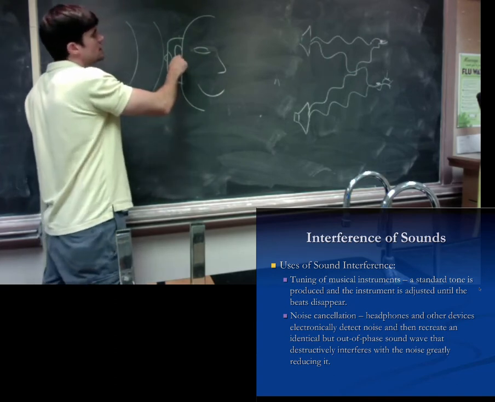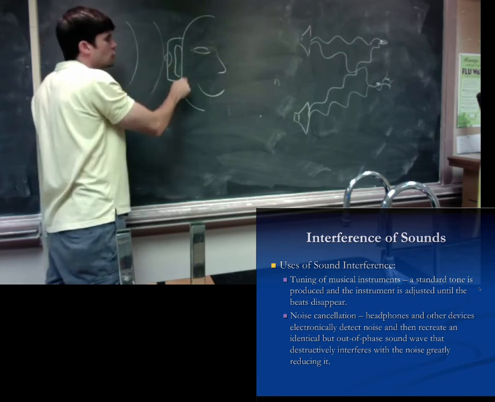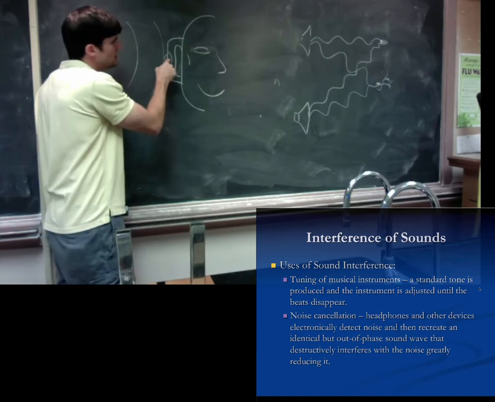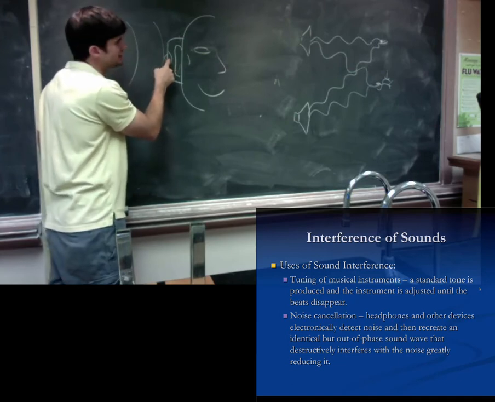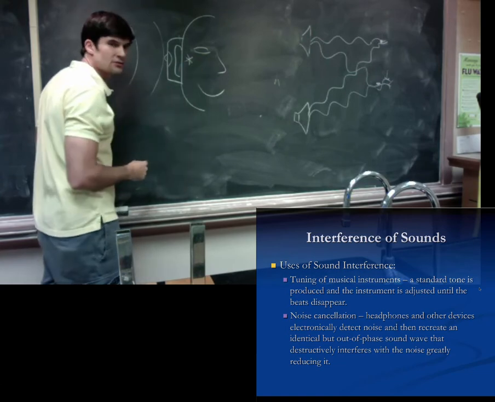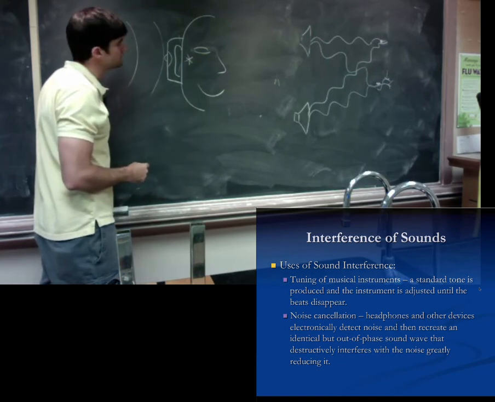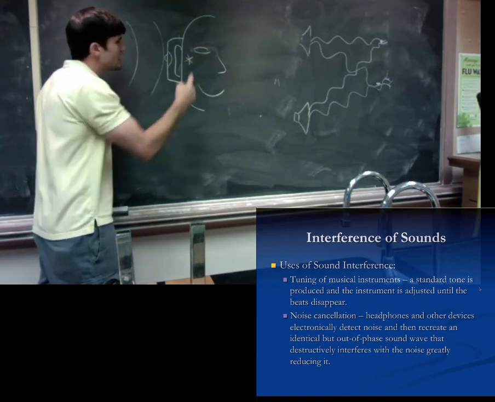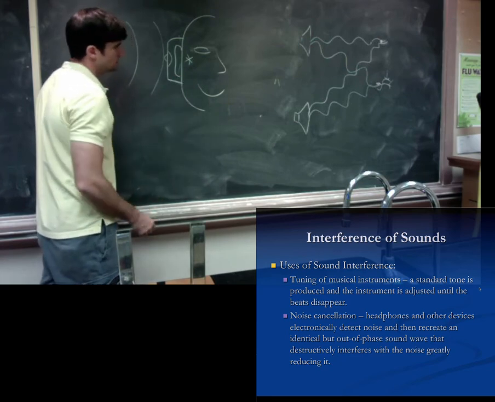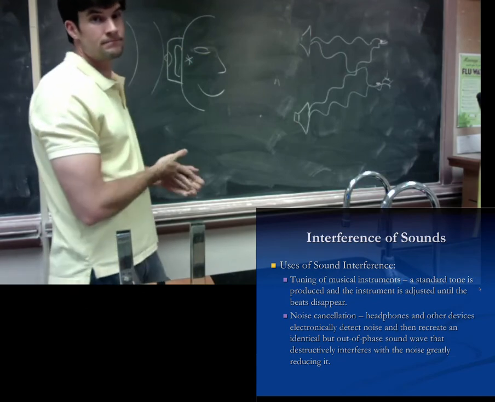So where the environmental noise reaches your ear as a crest, the electronically reproduced noise is designed so that it reaches your ear as a trough, and that cancels that noise out. Okay? So they actually reduce noise by making it. And they actually work very well.